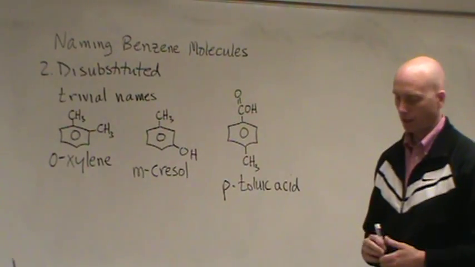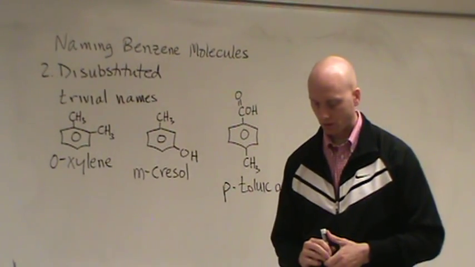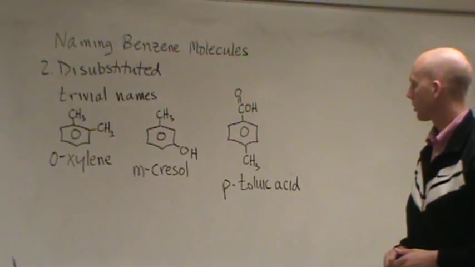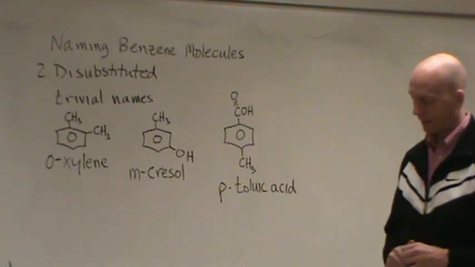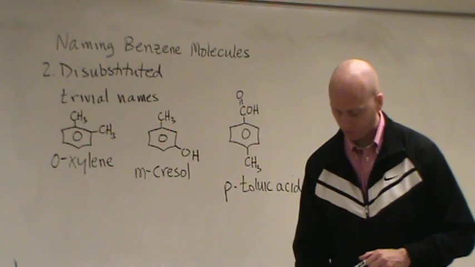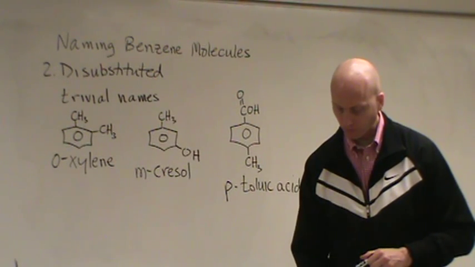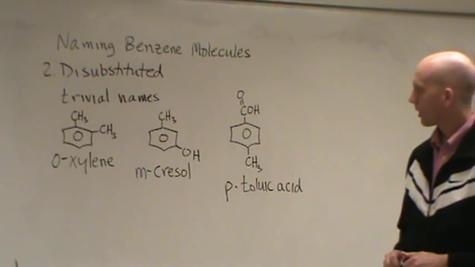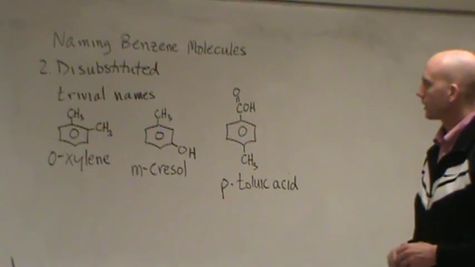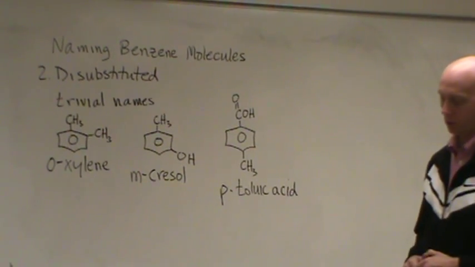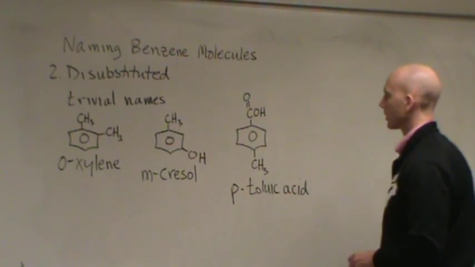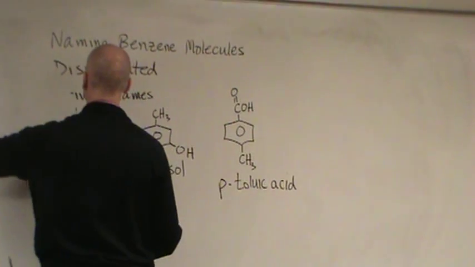So this would be the para isomer. Okay? So you should be able to also draw the ortho and meta isomers of toluic acid. Okay, so those are the main di-substituted ones that you want to memorize. Okay, let's go on to some other types of naming.